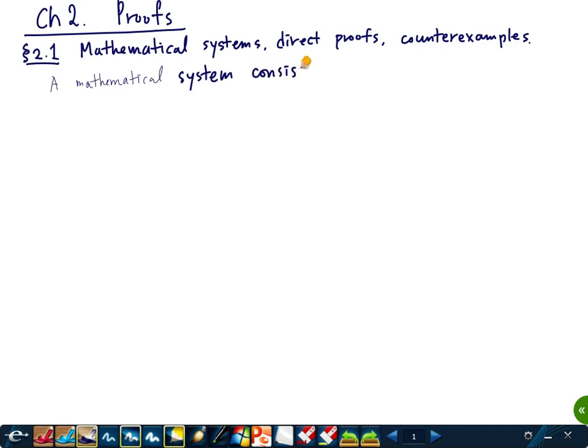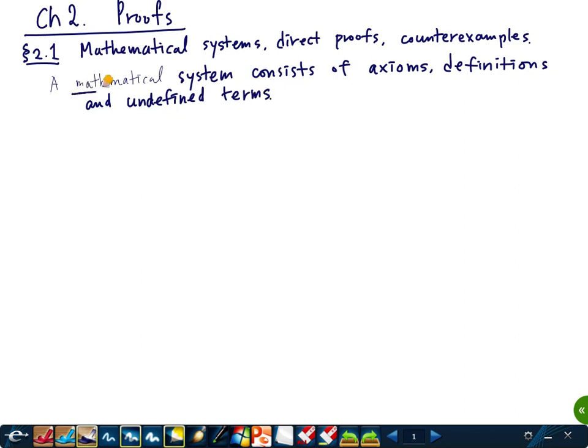Consists of axioms, definitions, and undefined terms. So this is the definition of a mathematical system. This is what a mathematical system is. It has axioms, definitions, and undefined terms.